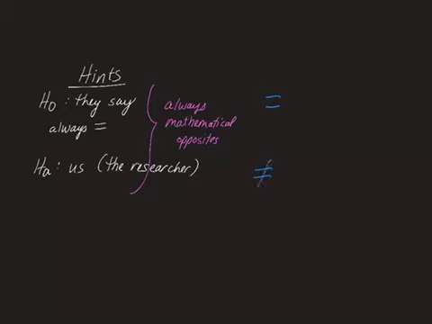If we say less than, they say greater than, but because they always have the equals, theirs would be greater than or equal to. If they say less than or equal to, we say greater than. Always mathematical opposites between H0 and HA. H0 always has the equal sign.